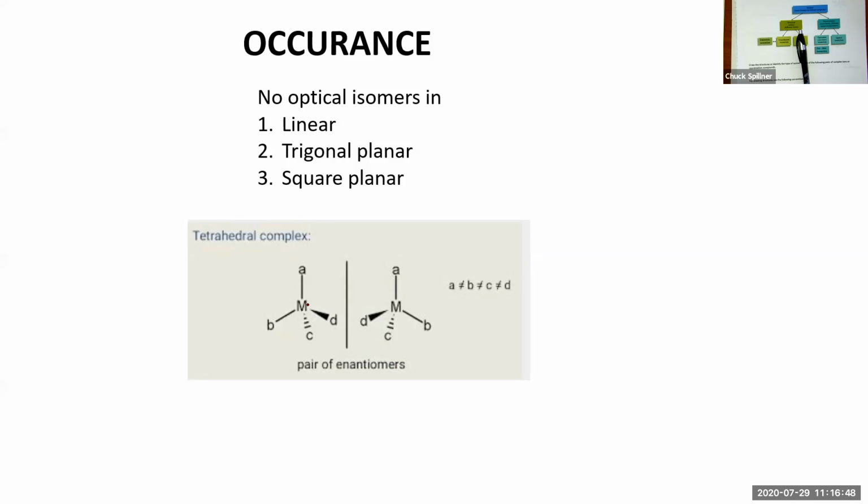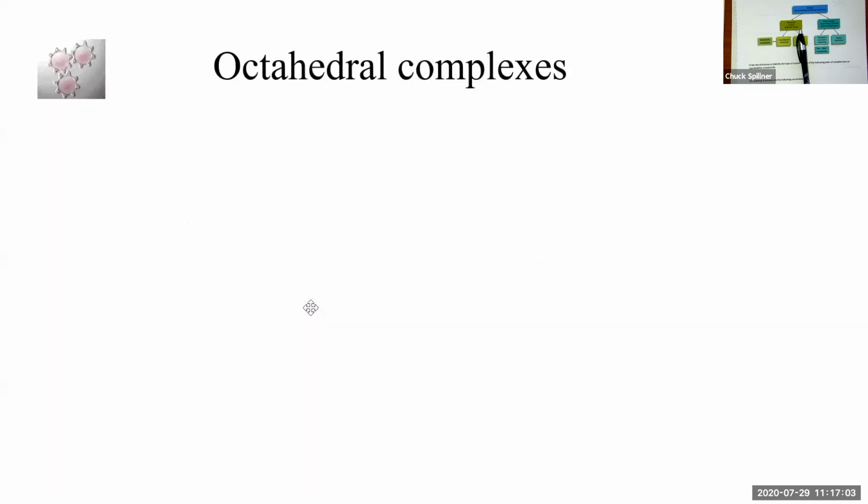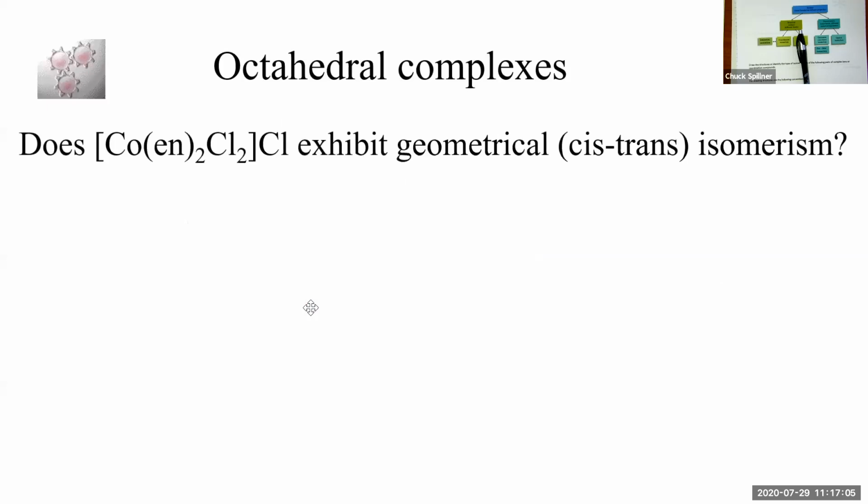Every ligand has to be different, and this applies to organic compounds as well. Same rule for organic compounds. So octahedral complexes can exhibit mirror image isomers, optical isomers.